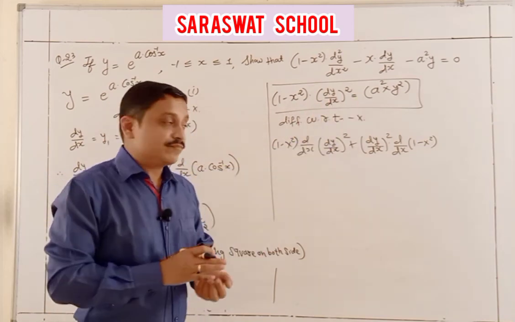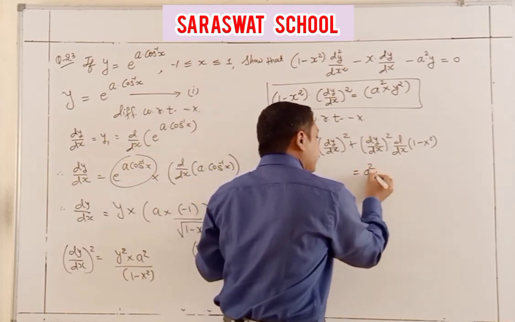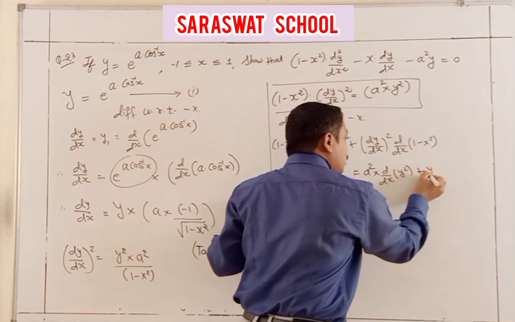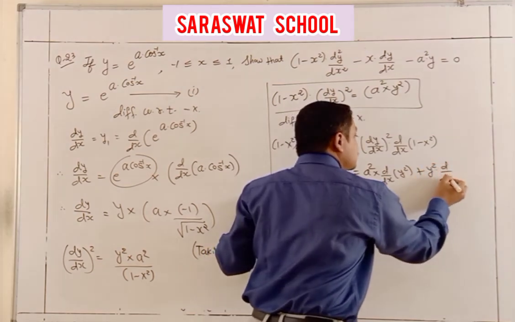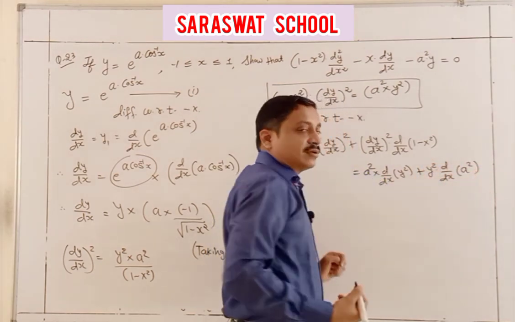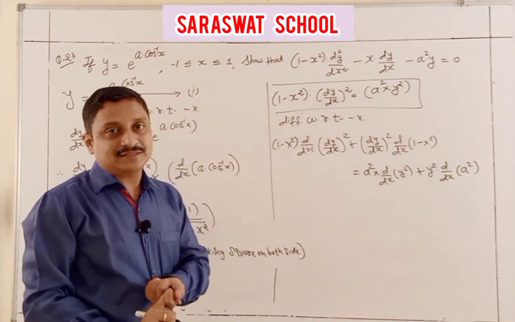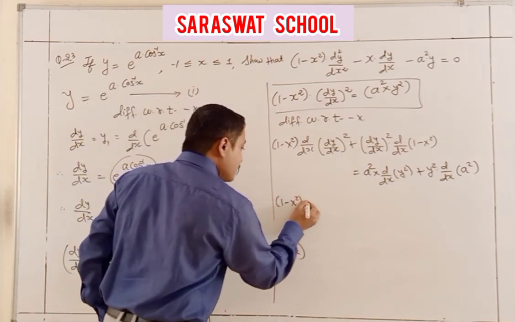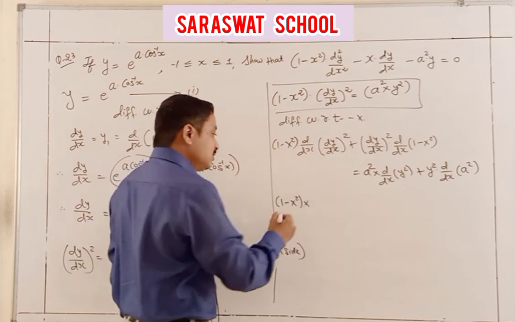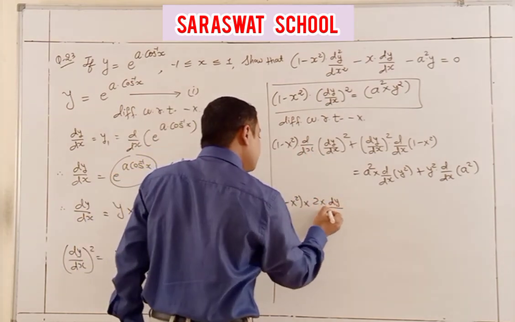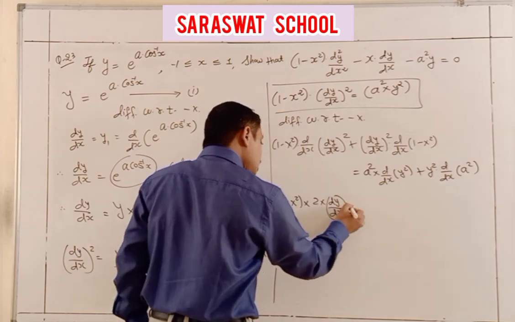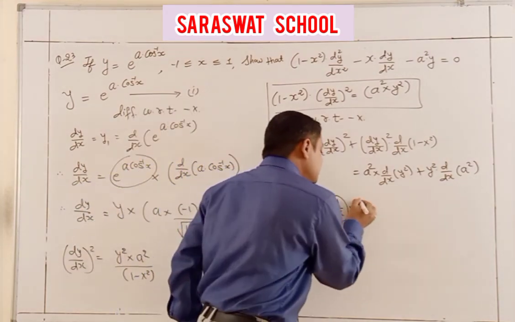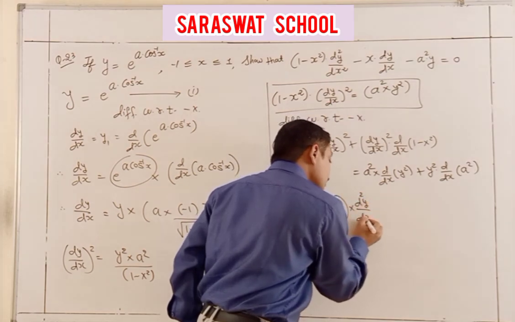Here also, the same is equal to a square d dx of y square. Now y square d dx of a square. Now operate our derivative. So here 1 minus x square the same. Now what is the derivative of dy by dx square? 2 into dy by dx into the dy by dx derivative, that is d square y by dx square.